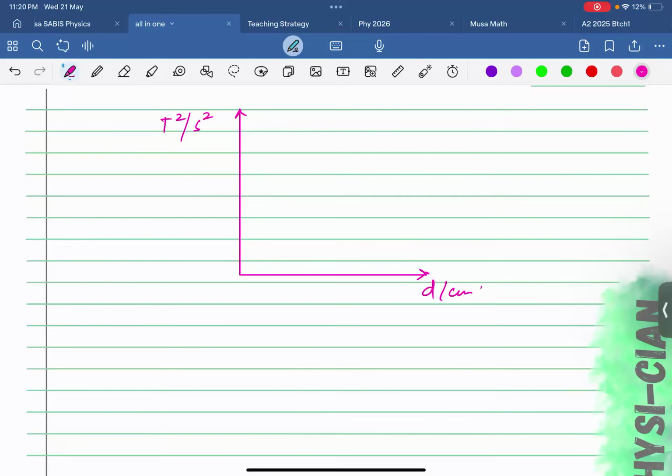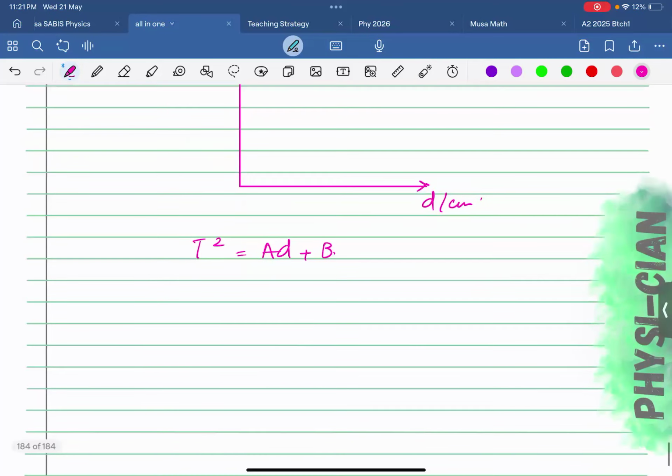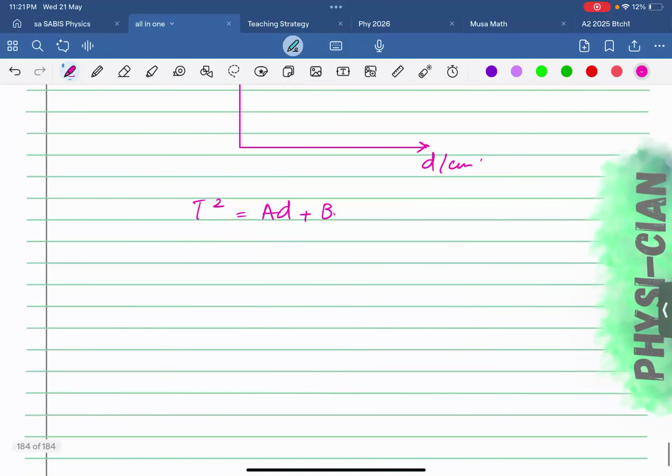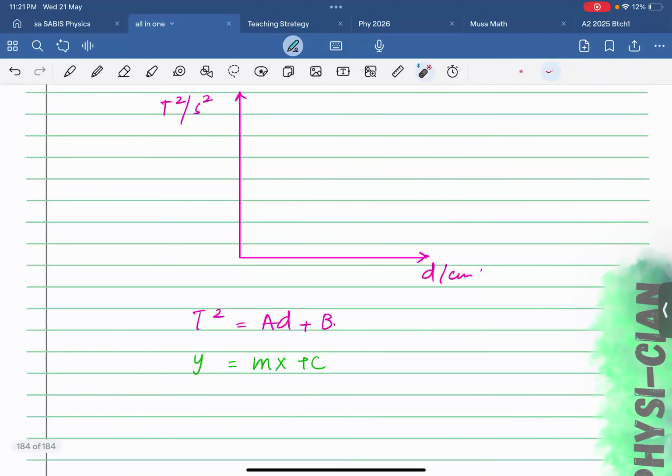Now they are saying t squared equals ad plus b, and you have to find the values of a and b with the appropriate units. Just compare it with y equals mx plus c. Your y-axis contains t squared, yes, and your x-axis contains d, yes.